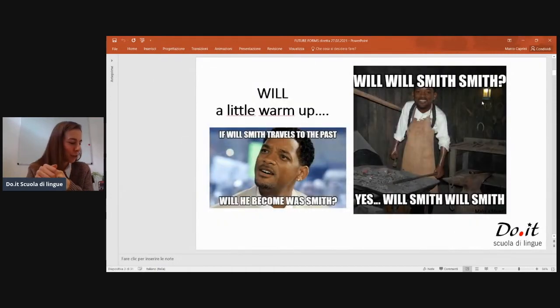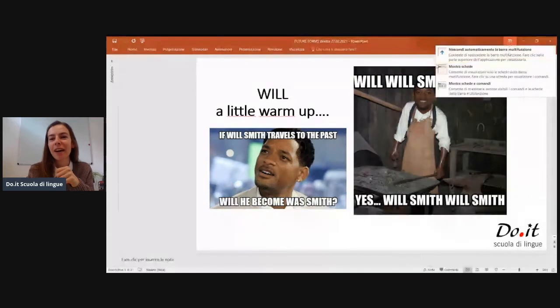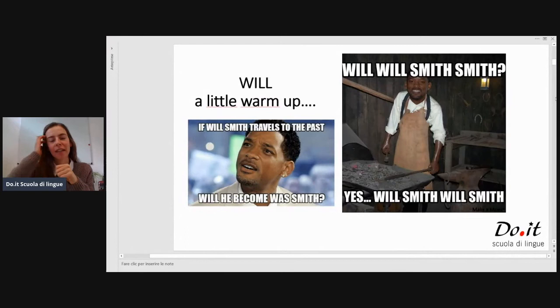Just for a quick warm-up, this presentation will be in the form of memes, so prepare for that. This is a linguistic joke. I really love linguistic jokes, and this is a linguistic joke about the future. So you for sure know Will Smith. I really love this meme. These sentences are perfectly correct. Will Smith?